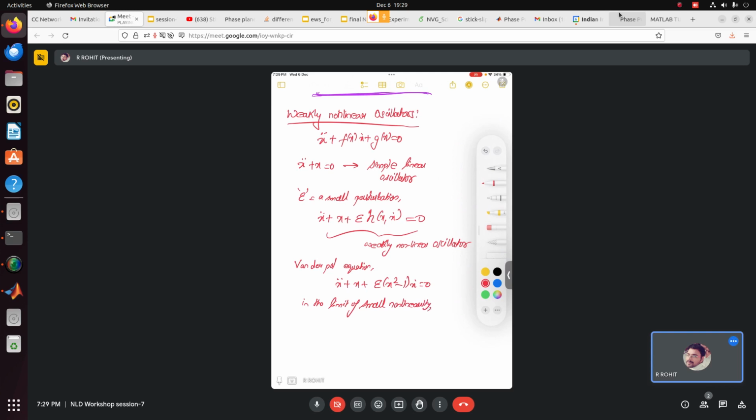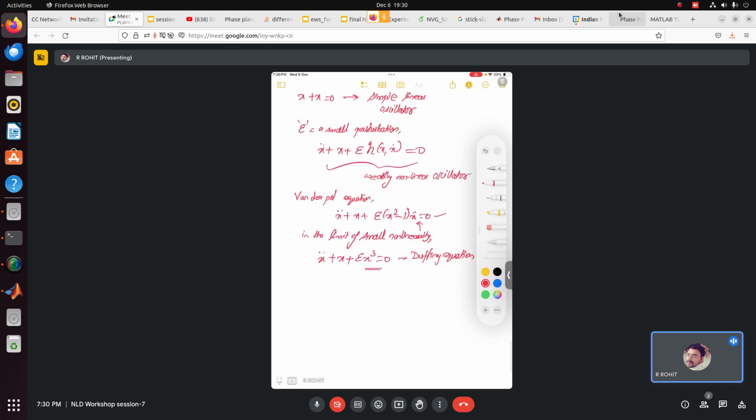There is one more equation, x double dot plus x plus epsilon x cube equals 0, under the limit of low nonlinearities, called the Duffing equation. So these are two broad examples of weakly nonlinear oscillators.